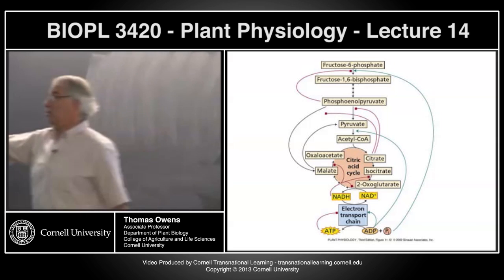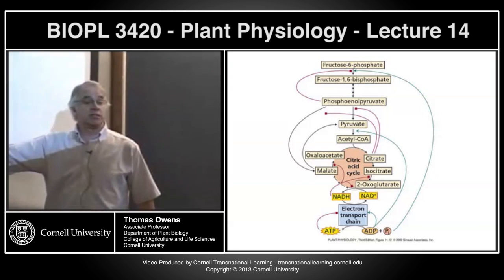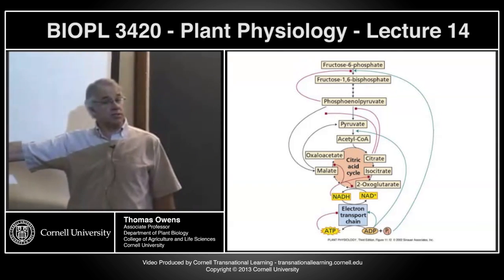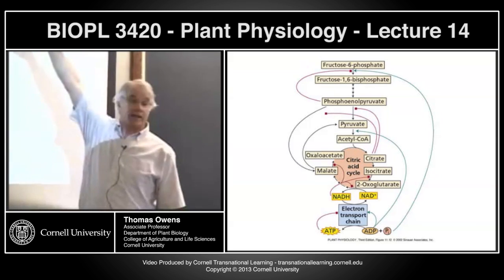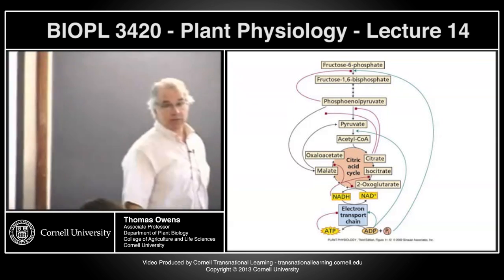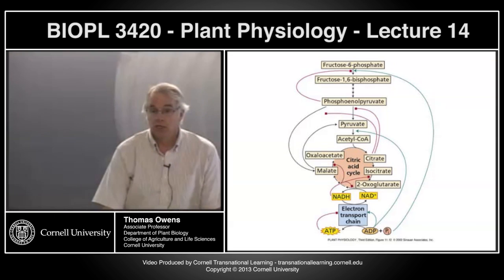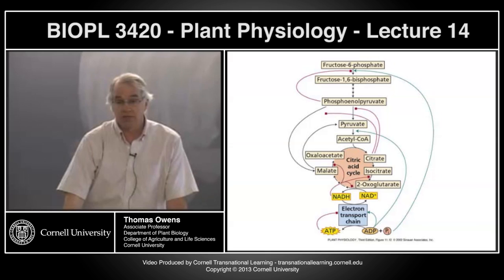So when ADP accumulates, we decided this accumulates under conditions where the demand for energy is high. ATP is being used up, ADP is accumulating. That turns on enzymes at the beginning of glycolysis to promote more production of ATP.